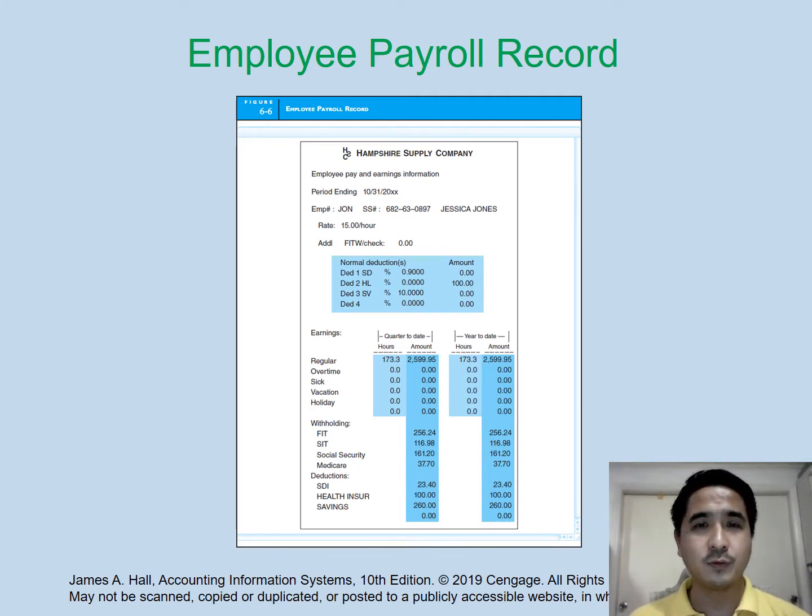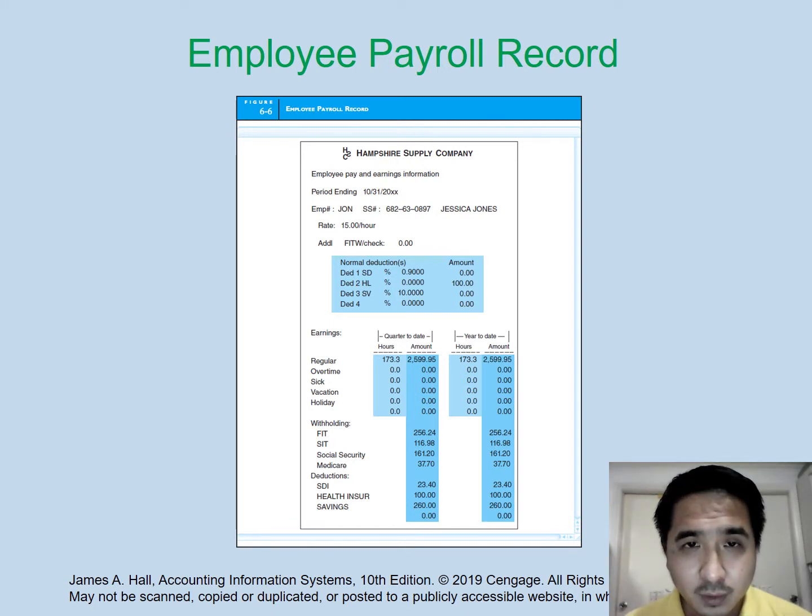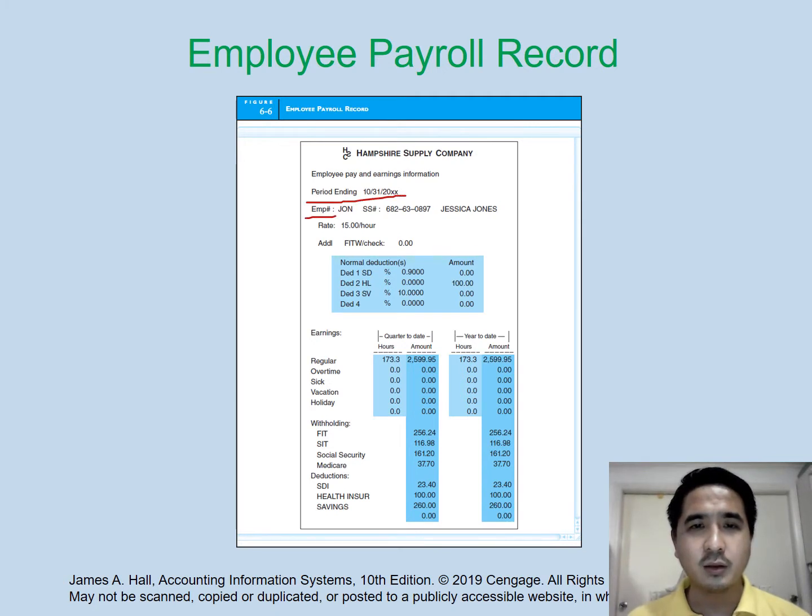You can see the details of the individual, the payroll period, the name, and the important portion here: the quarter to date and the year to date information, both for the number of hours and for the amount. Basically this is the running balance of the total hours worked and total salaries of the employee for the quarter or the year.